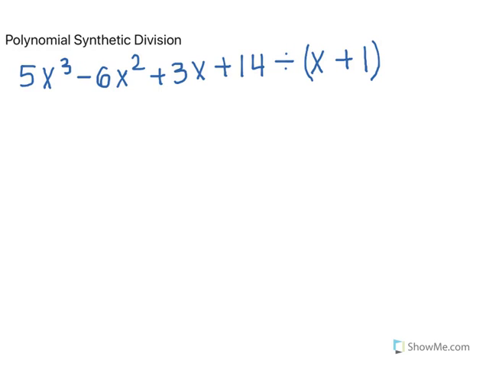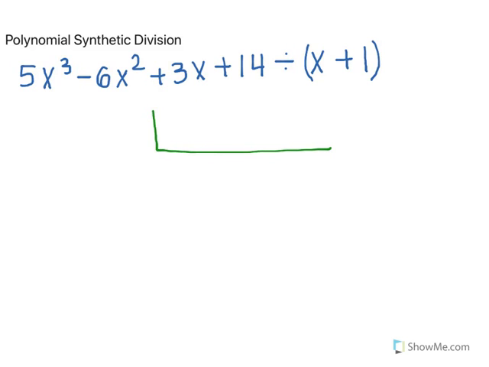Now, let's try another example. Now, let's solve 5x cubed minus 6x squared plus 3x plus 14 divided by x plus 1. Once again, let's draw the sideways reflected L. Again, let's put the coefficients of our first function.